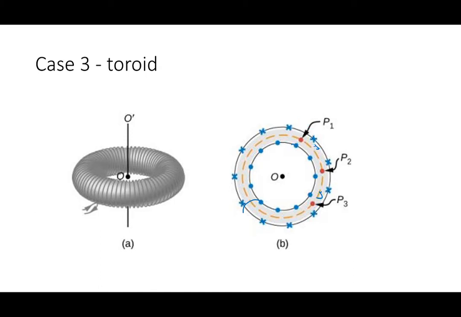So if we're interested in the magnetic field at a point inside the toroid, where we expect there to be magnetic field, then by symmetry we draw an Amperian loop that's also circular.